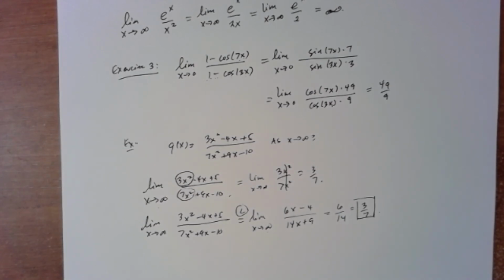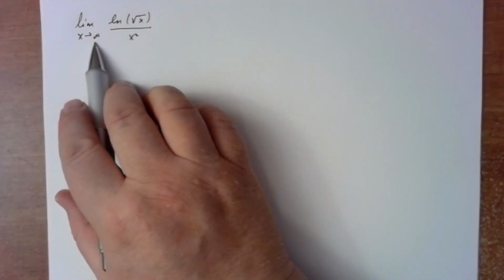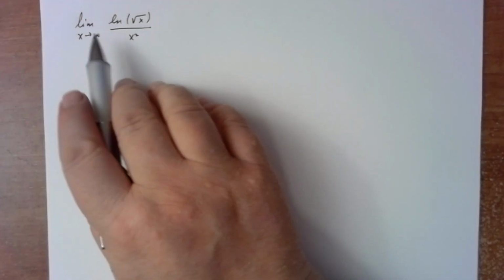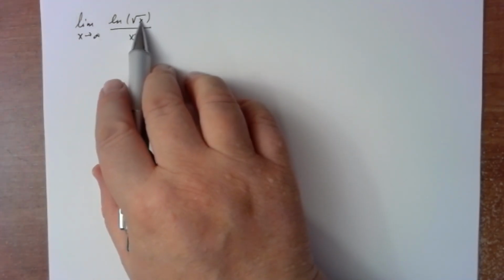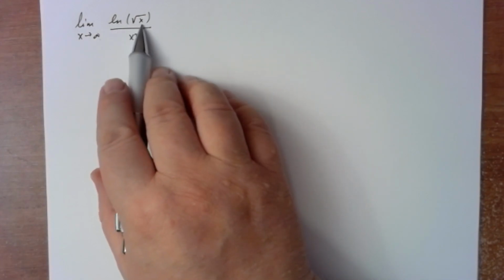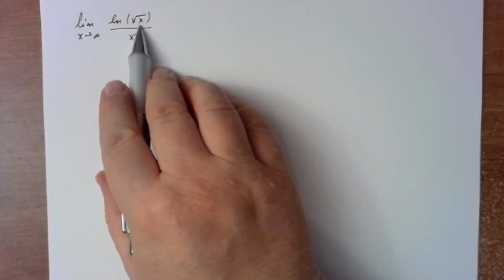Let me find another good example. Alright, here's another example. We have the limit as x goes to infinity of the natural log of the square root of x divided by x². Now, as x goes to infinity, the square root function also goes to infinity, and the natural log of something that's growing to infinity also goes to infinity.